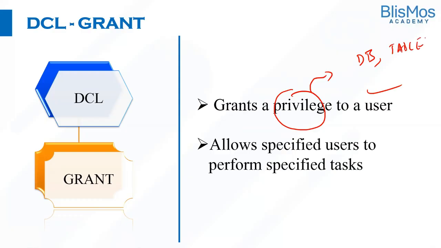Grant allows the specified users to perform specified tasks. We cannot allow all the users in an organization to do all the tasks, right? So using grant, we can give a privilege to a specific user to do specific tasks.